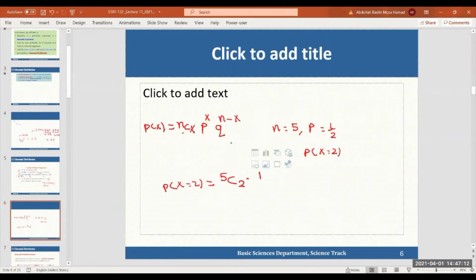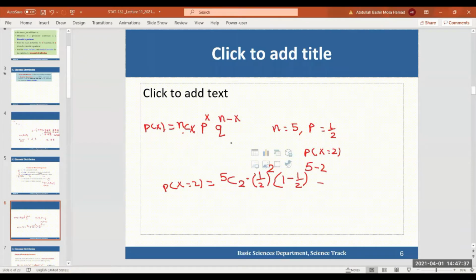Success is boy, and boy is half. Half power how many boys? We are talking about 2 boys, so power x. Okay, then 1 minus half, this is q, where q equals 1 minus p, power n minus x. n minus x is 5 minus 2, which is 3.